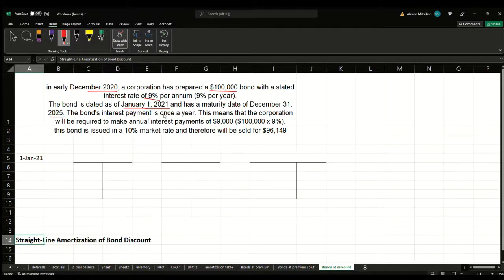The interest payment is once a year again, and the corporation will be required to pay an annual interest payment of 9,000, which is calculated by multiplying 9% by 100,000.